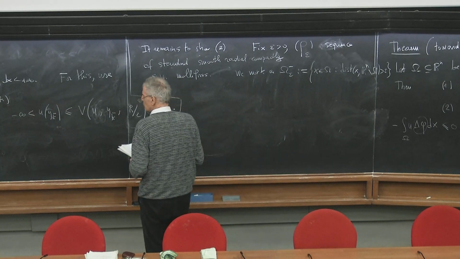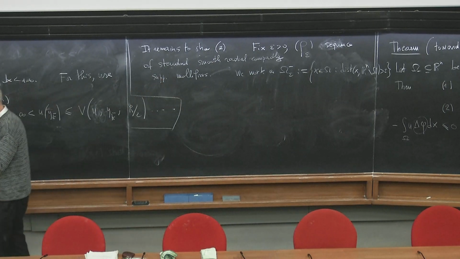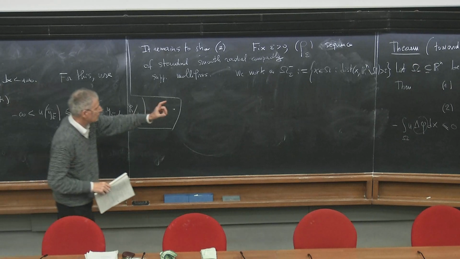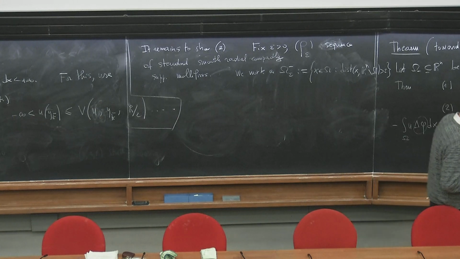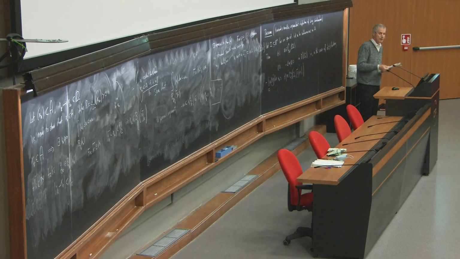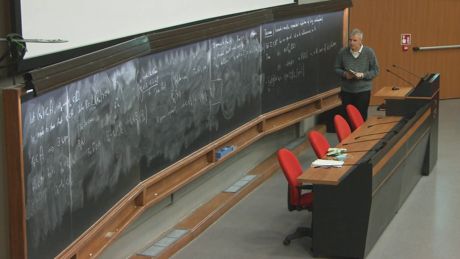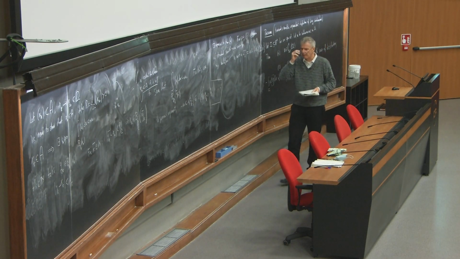To give a meaning, since the support of rho epsilon centered at x is a ball of radius epsilon, in order not to go outside of omega, we need to do that.